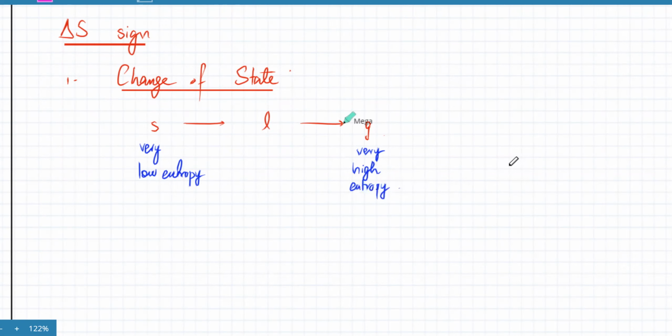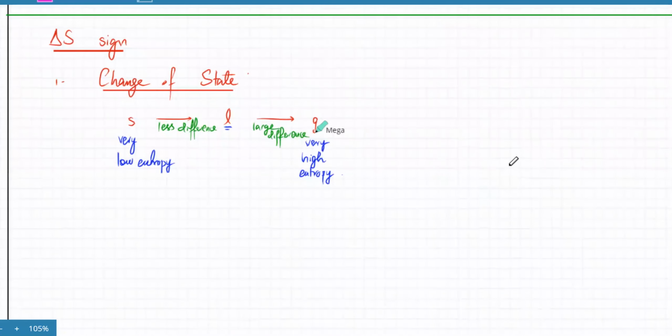But they're not actually in between. The difference in entropy between solids and liquids is a smaller difference. But when you go from liquid to gas, that's a pretty large difference. So liquids are not exactly in the middle. Liquids are kind of closer to gases.